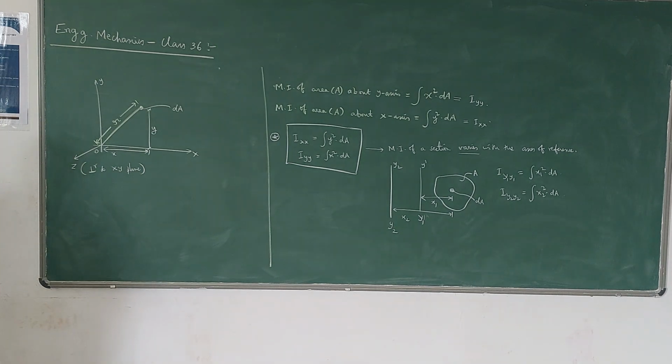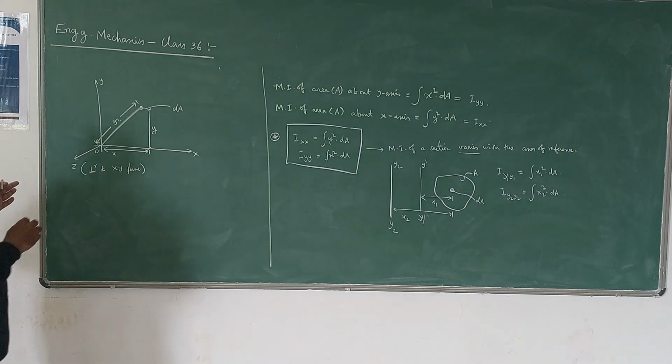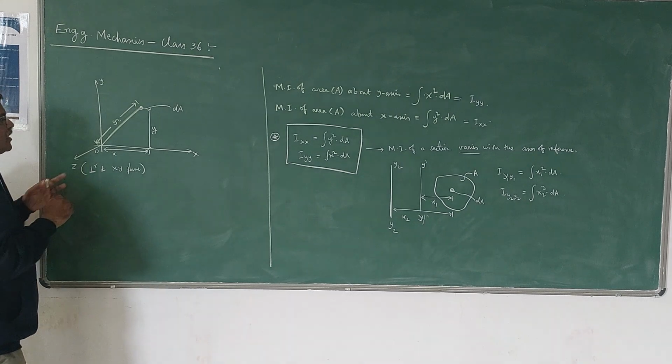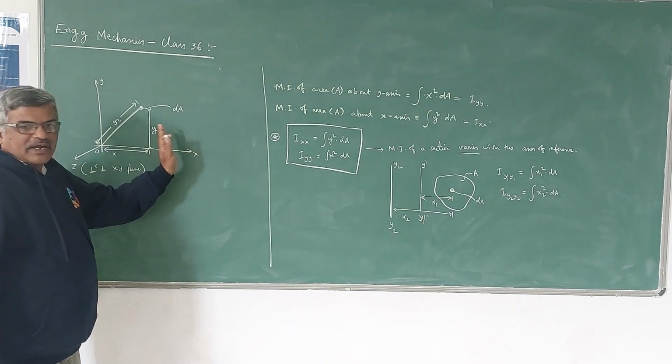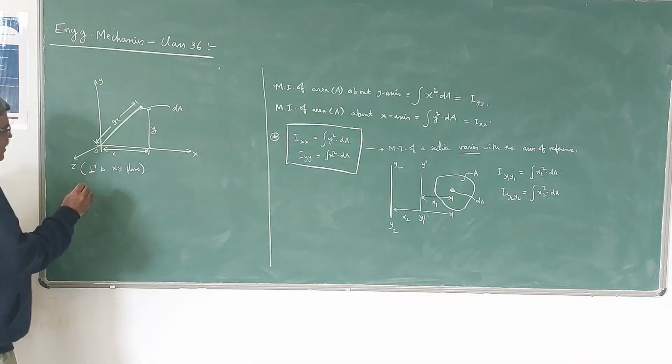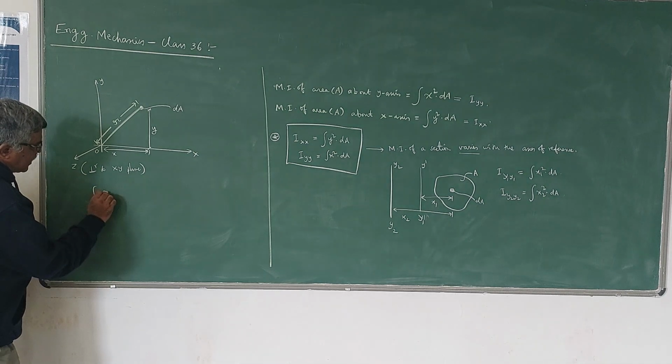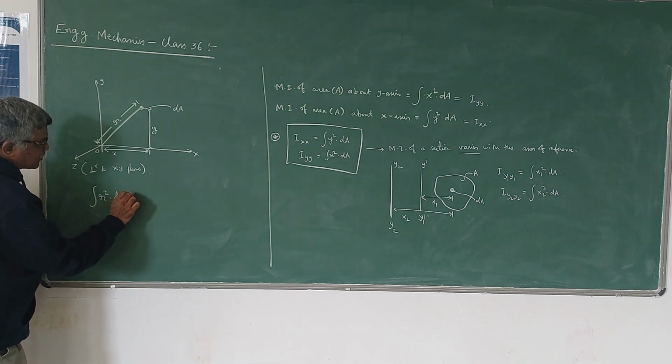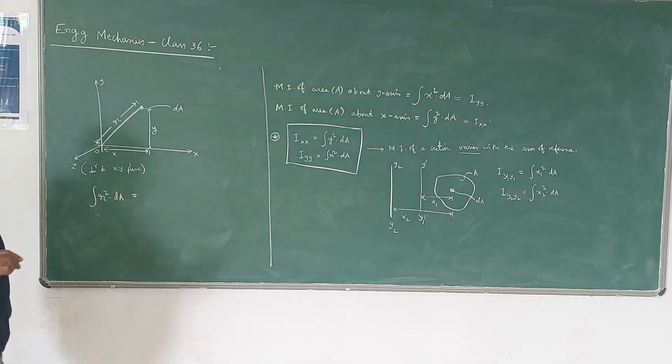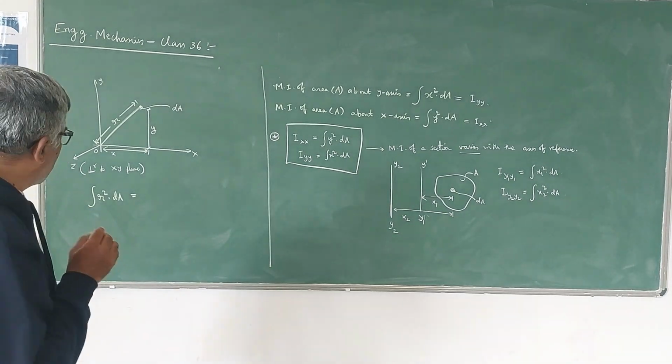So this r is the distance measured to this dA from this z axis. Now here I will take this term integral r square dA instead of x square dA and y square dA. I take integral r square dA.